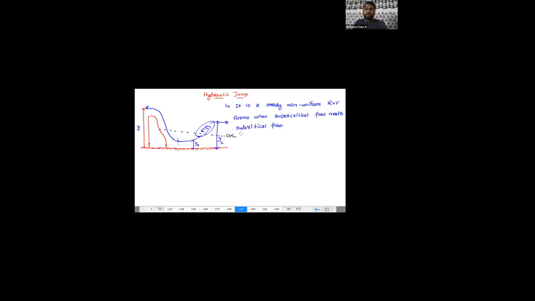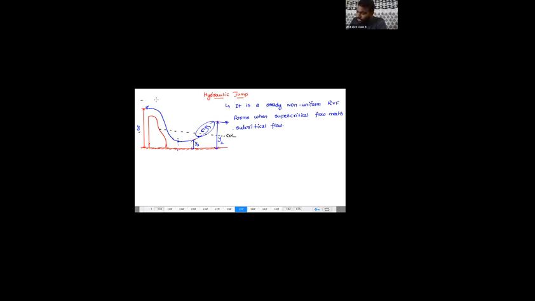So now you see this is y, and here it is going to be y1. So initially there is no head loss, yes or no? So from here to here, the energy is going to be the same.